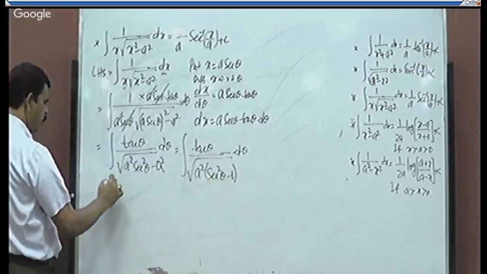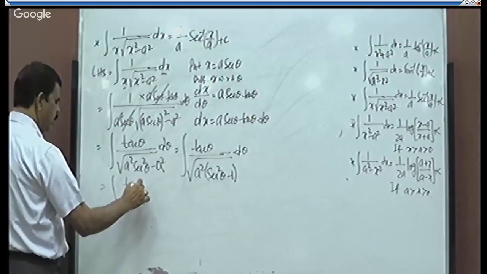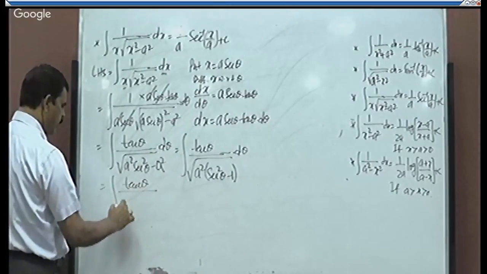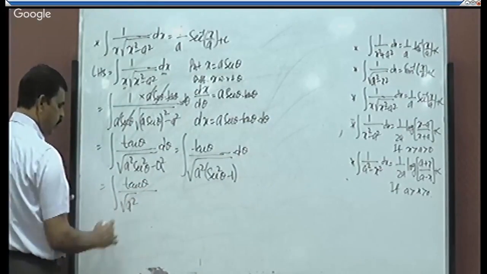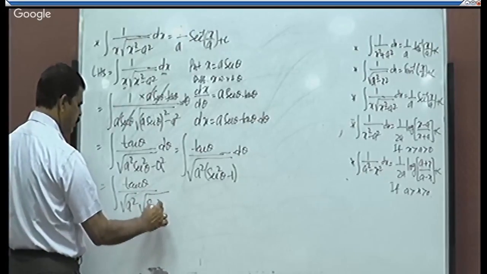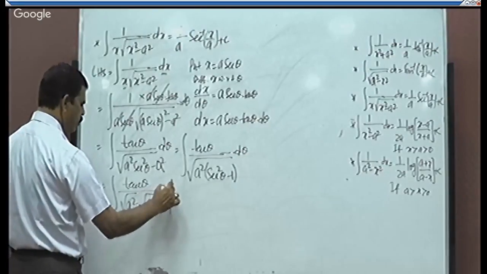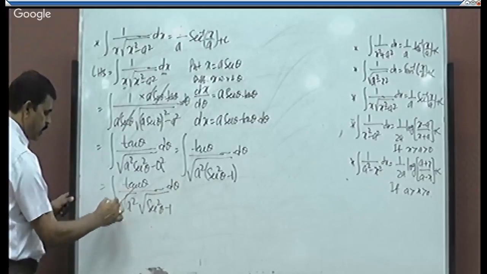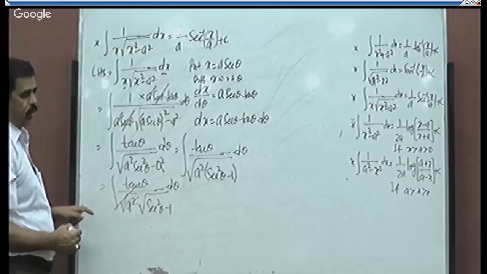Separate the root for the denominator. If I separate the root for the denominator, it becomes root of a square into root of secant square theta minus 1 into d theta. The square root gets cancelled. Correct?